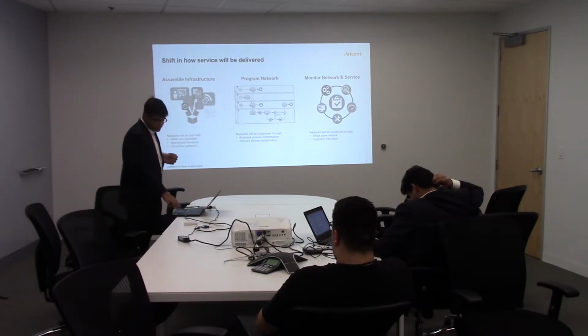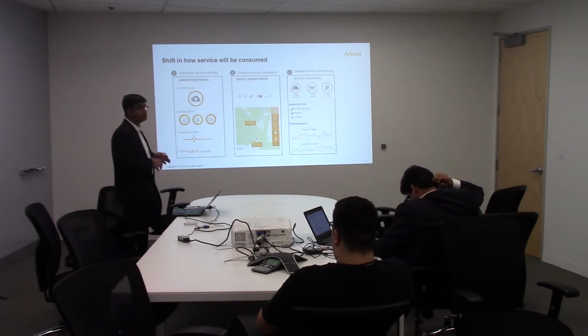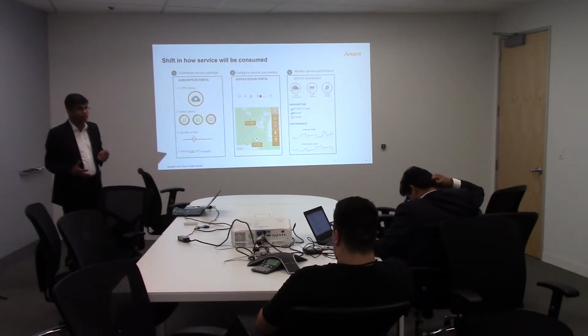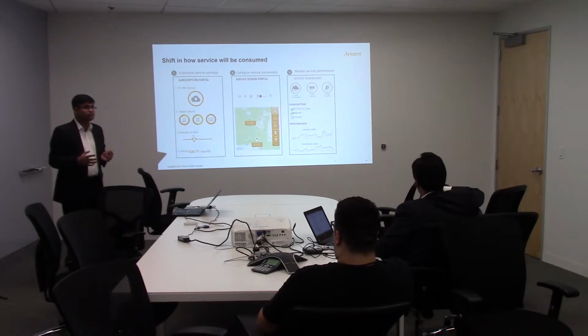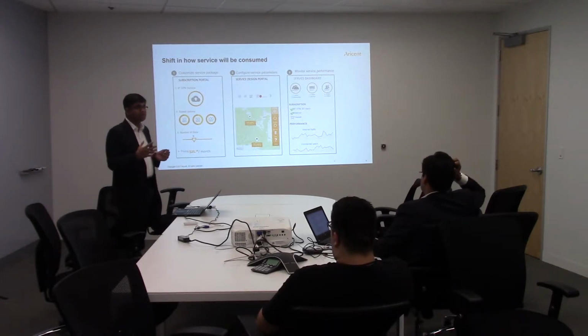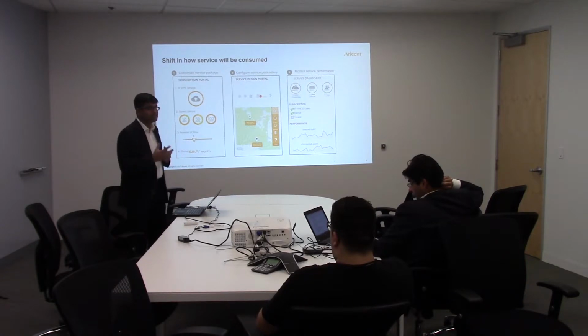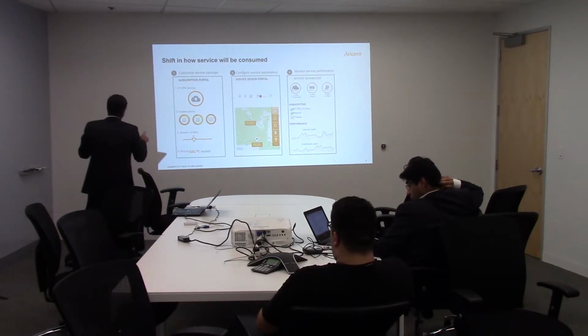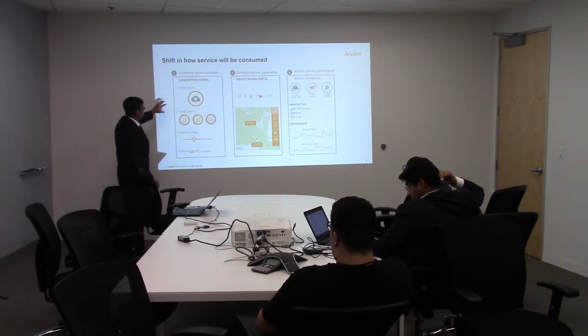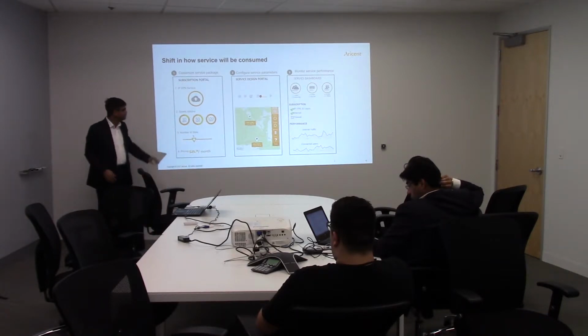So once the service is delivered to the end user, how does the end user want to consume the service? He wants to consume the service the same way as we order services in Amazon or eBay. So I should have a portal where I can select my service, seeing the service catalog, the same way I see my products in Amazon or eBay.